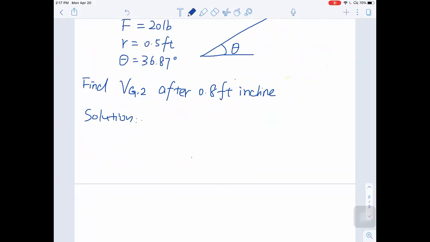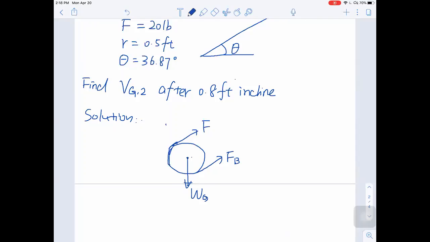First, we should always have a free body diagram and coordinate system. Let's start with the free body diagram. The disk has a weight force going down, WG. On one end of the rope, there's pulling force F. On the other end of the rope, let's call this force FB.